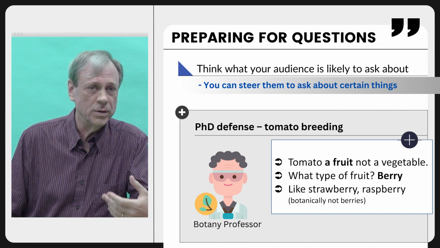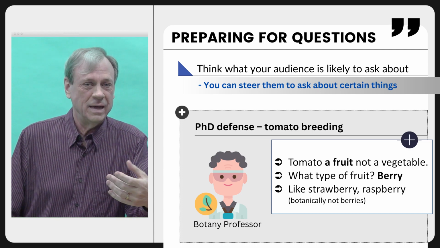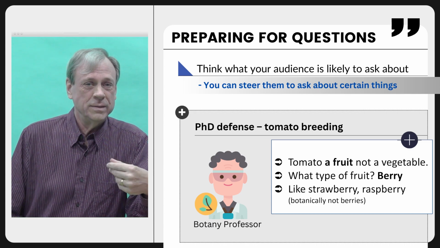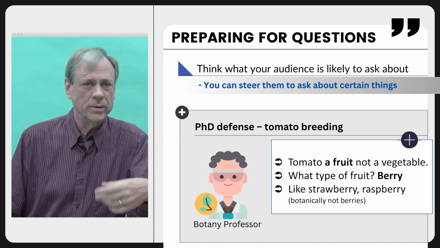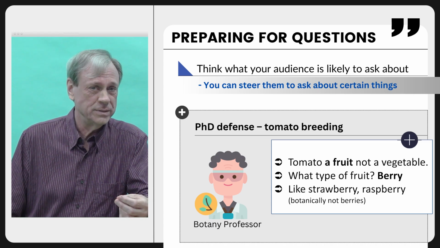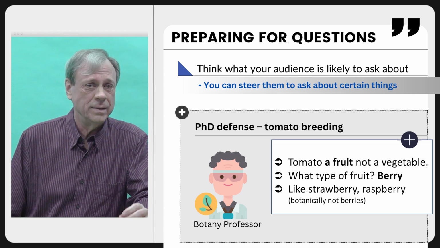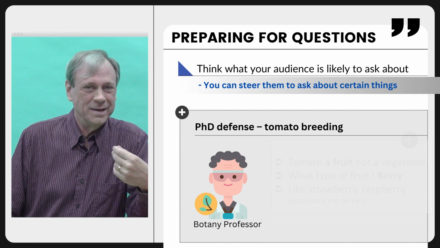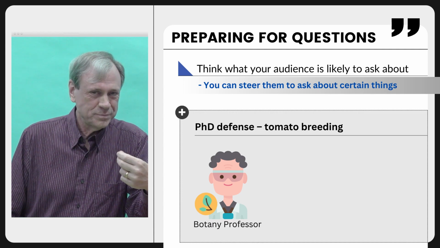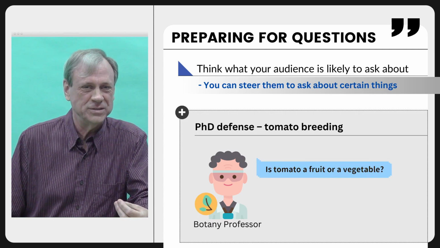And I knew also that following that, once I said it was a berry, he would ask about other types of fruits that are called berries, like strawberries and raspberries, that botanically are not. And so, sure enough, when we got into the exam, his first question was, is tomato a fruit or a vegetable?